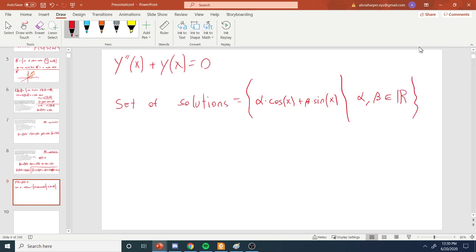So this set of solutions is a vector space.